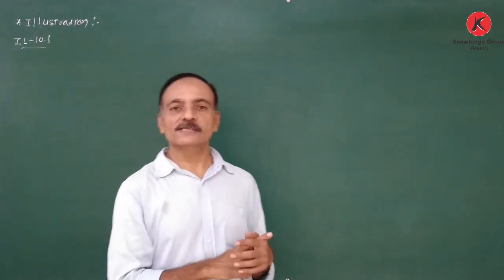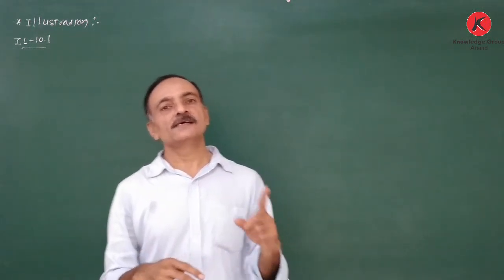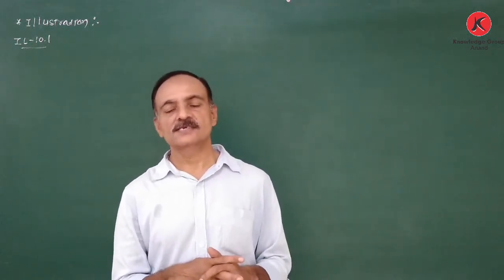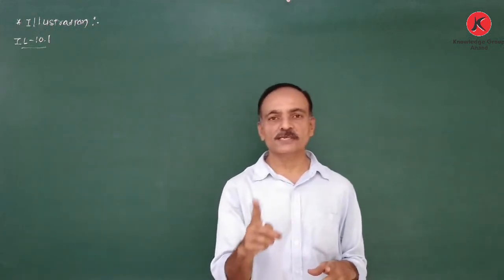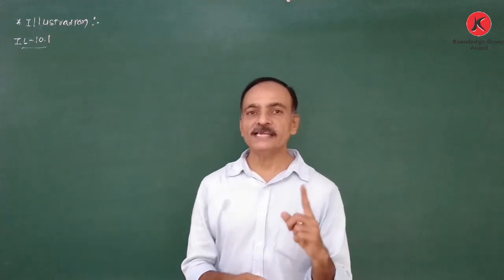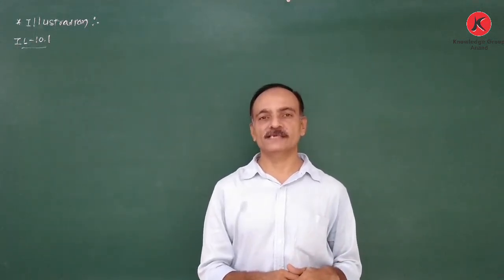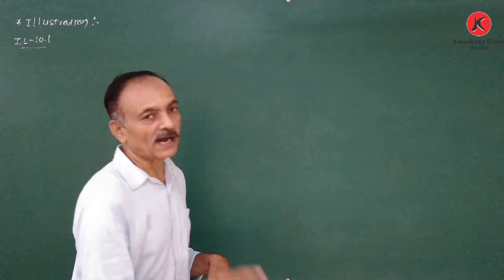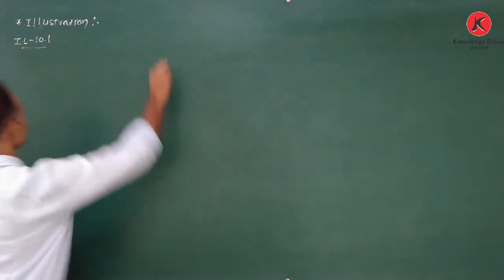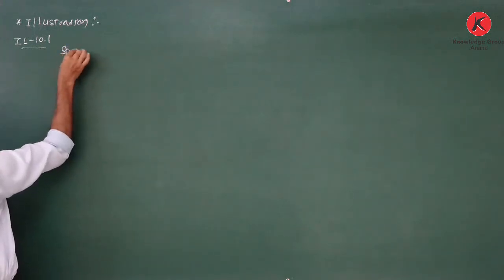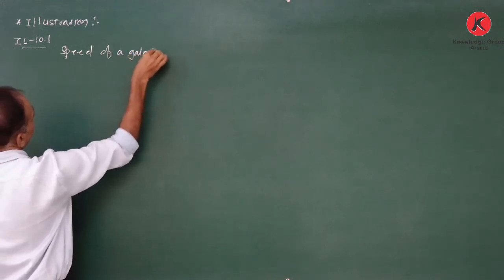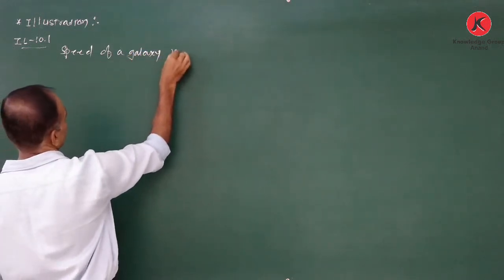What speed should a galaxy move away from us so that the wavelength of the sodium light is observed as 589.6 nanometer instead of 589 nanometer? So we have to find the speed of a galaxy with respect to us.